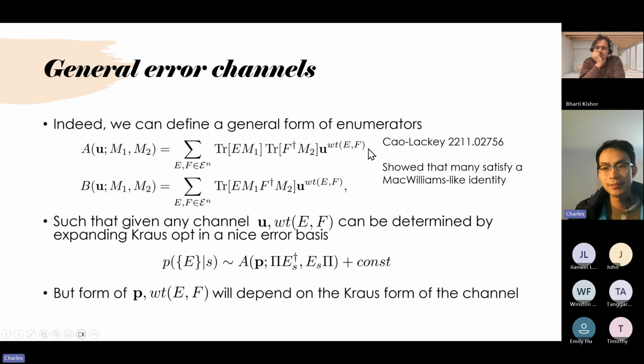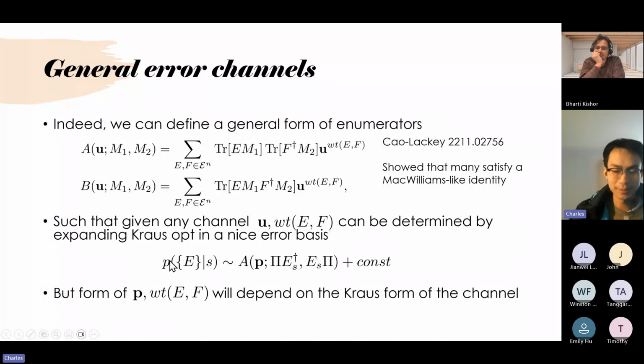And then you have some weight function that, instead of the Hamming weight, can depend more generally on the structure of the error channel. And once you have this kind of enumerator, you can still just plug in some error probability associated with the channel. I can still get out this kind of conditional error probability. And once you have this, of course, you can use that to construct your maximum likelihood decoder.